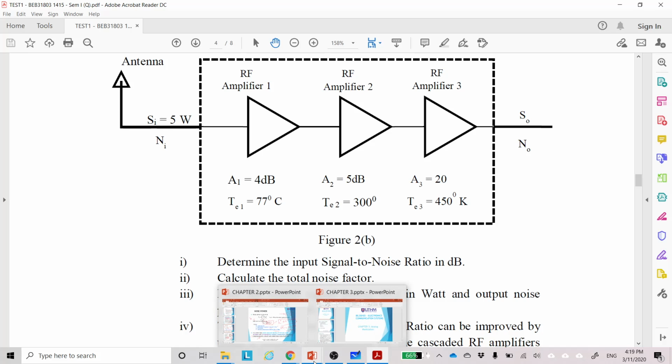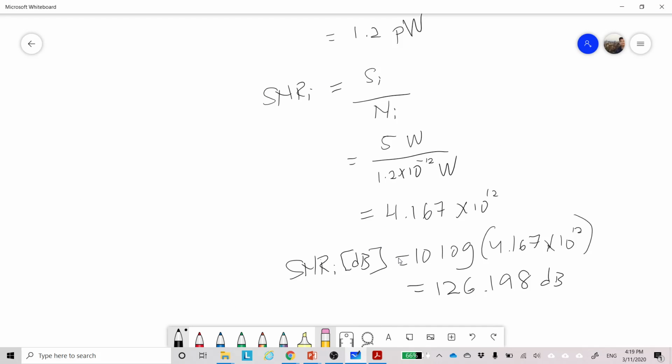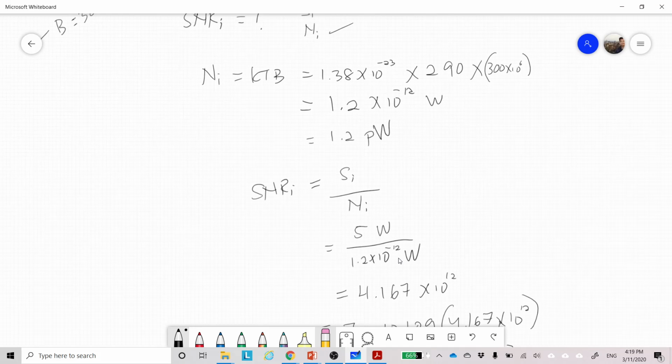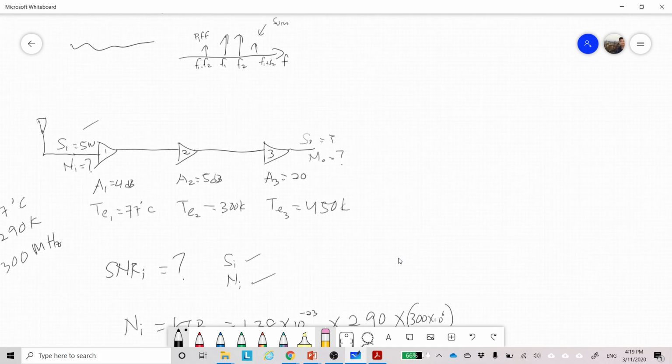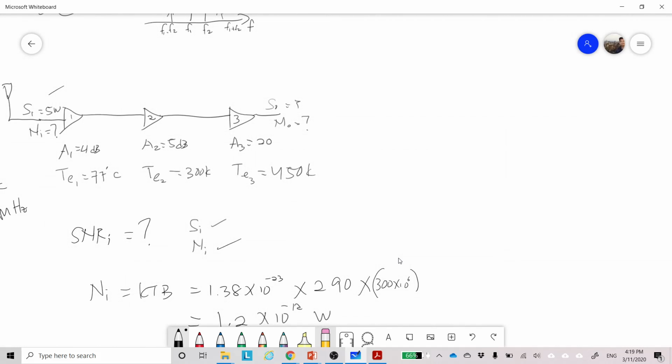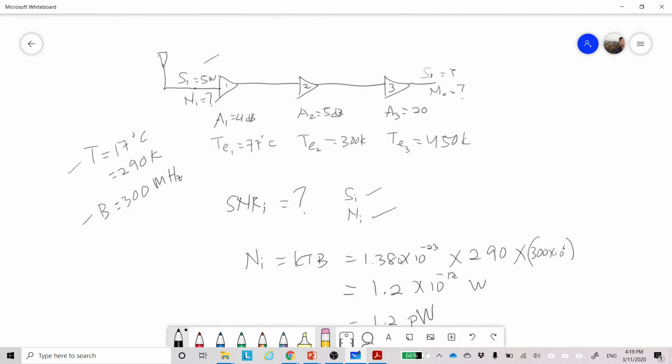Kita perlu cari berapakah nilai F untuk setiap amplifier. Okay, so saya kecilkan yang ini. You boleh cari nilai F1, F2 dan F3. Kelas saya lupa nak beritahu, remember, kalau you diberikan dalam Celsius, segera tukar kepada Kelvin supaya tak buat silap.